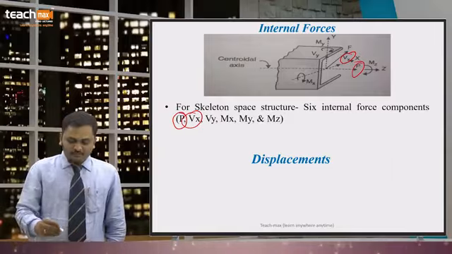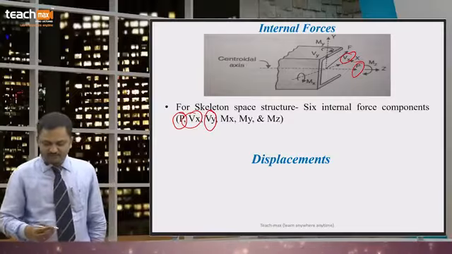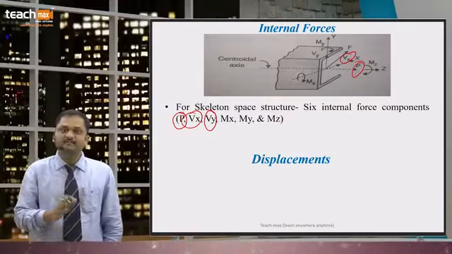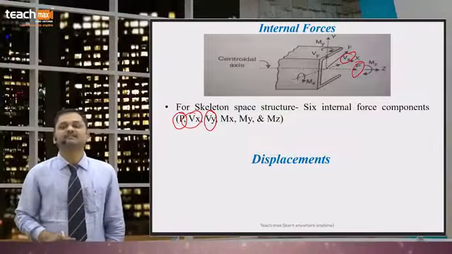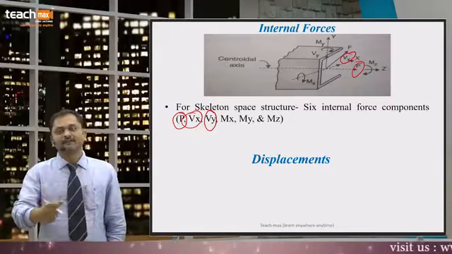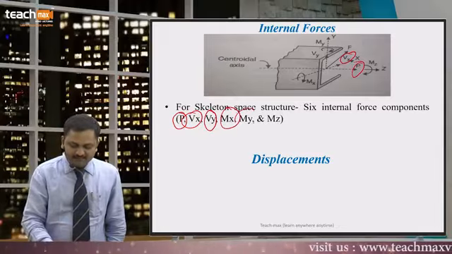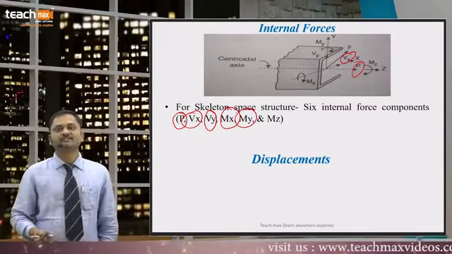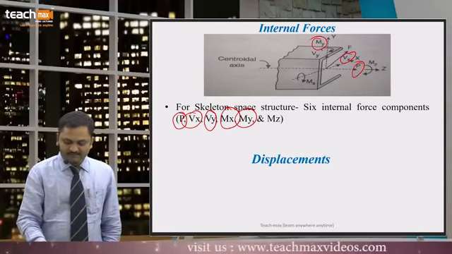Then Vy is the vertical shear, which we already found out for the beams, right? So axial force and shear along x and y are the forces which are generally developed internally in the member, okay? And Mx and My are the two bending moments which are developed. So here My is there and Mx is there.